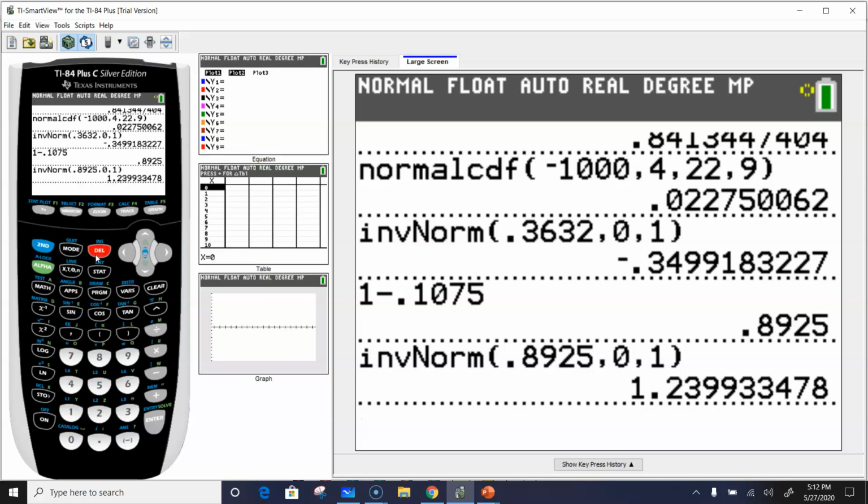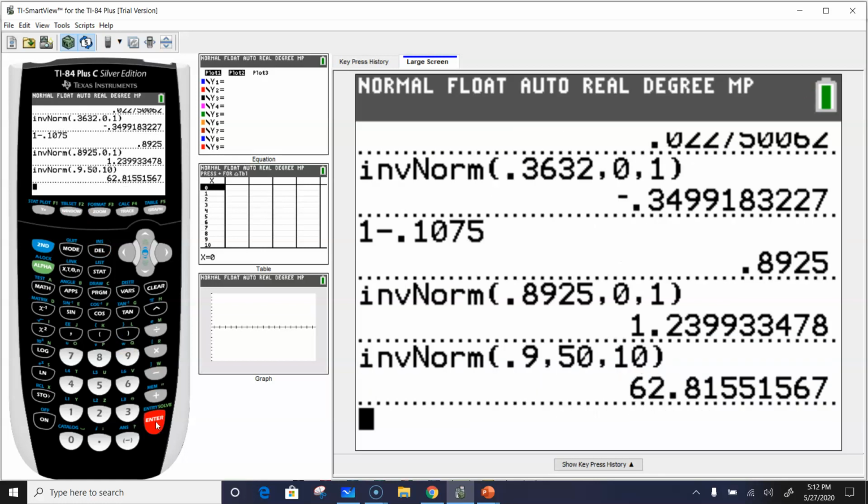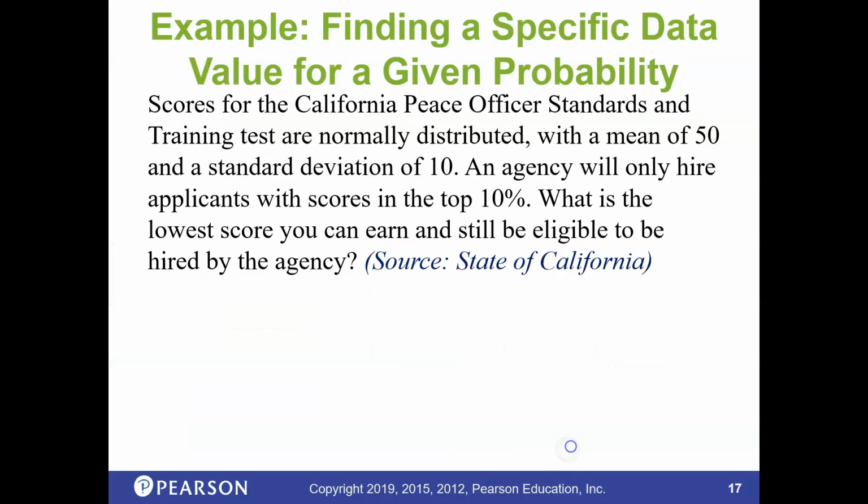Takes up even less space. So we get right away, they would need a 62.8, or we'd probably round that and say they would need a 63 score. Let's see how your textbook authors do this.